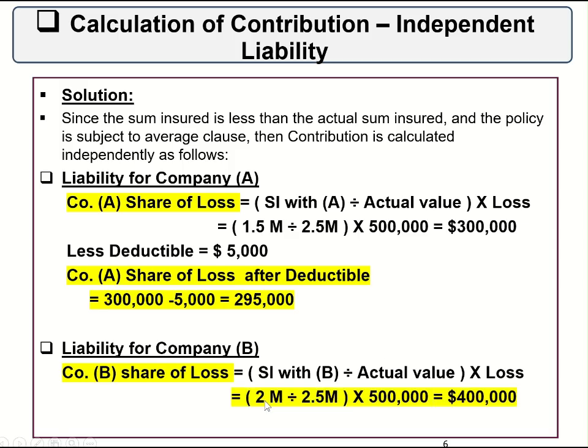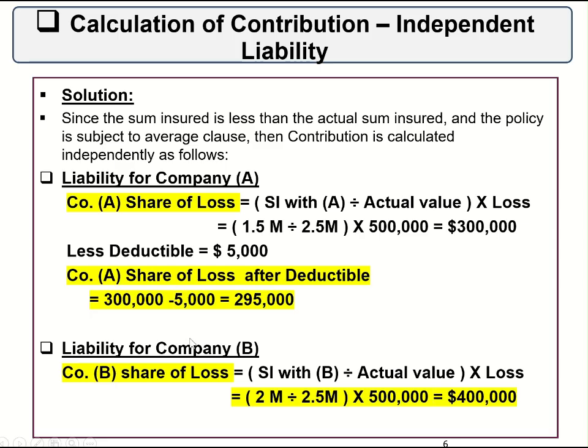The sum insured with B was 2 million, divided by the actual value, which is 2.5 million, multiplied by the loss, which is 500,000, which equals $400,000. Notice that for policy B, it was not mentioned that there is a deductible or excess or anything. So this will be the liability for company B.